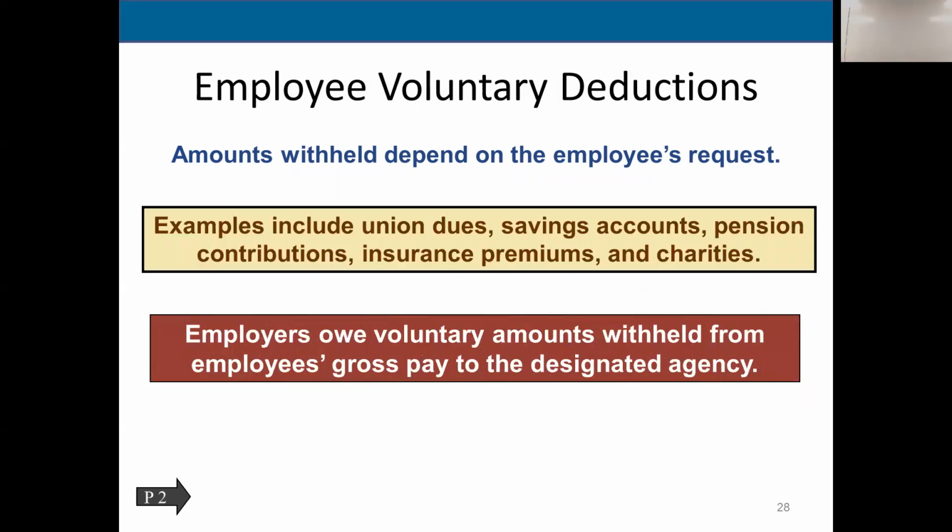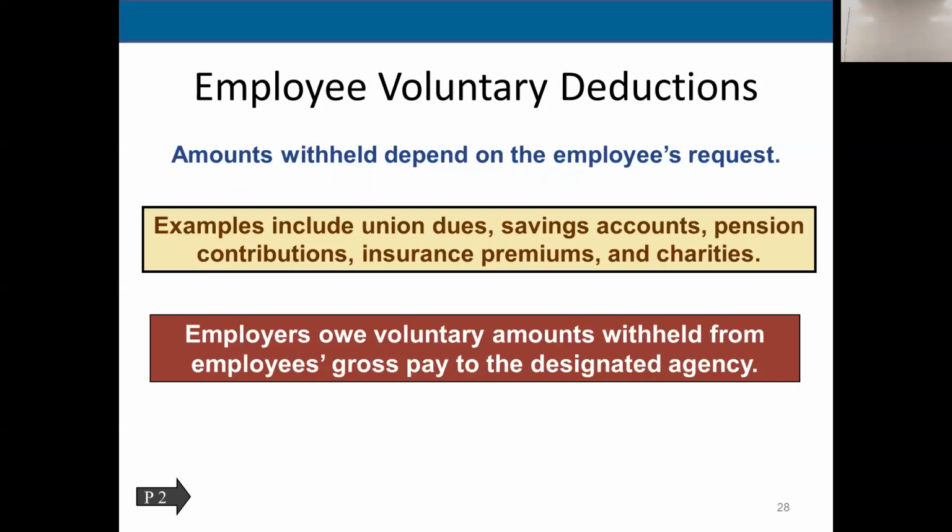Now, amounts withheld depend on the employee's request. The examples include union dues, savings accounts, pension contributions, insurance premiums, and charities. All of these might be options that you can have withheld. Employers owe voluntary amounts withheld to the designated agency.